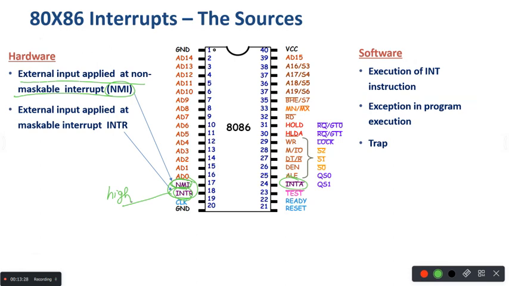That means we can program the microprocessor in such a way that whenever a high signal comes here, with some vector number, at the same time the vector number will also be loaded. I told you, what is a vector number?